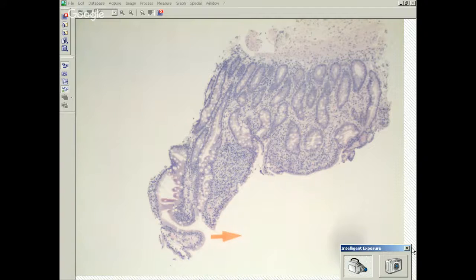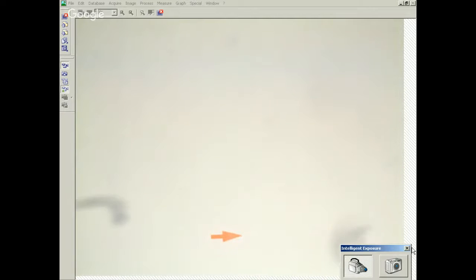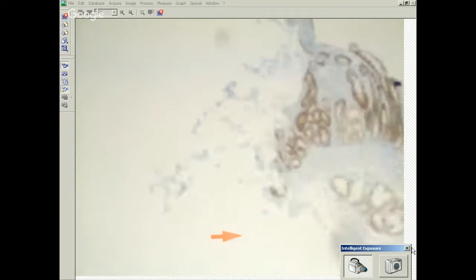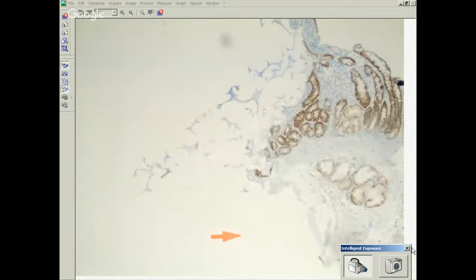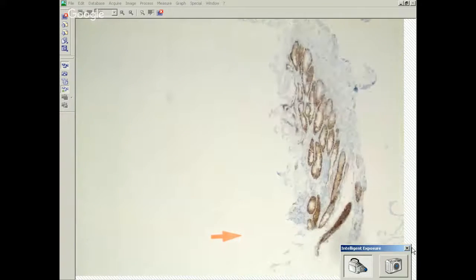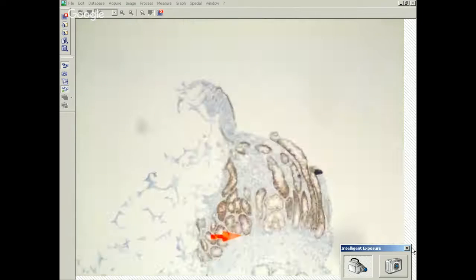And I actually have a stain. So what stain would we do for plasma cells? CD138, right? So this is CD138. CD138 also stains epithelial cells, so it gives you a good internal control. And this is our duodenum.